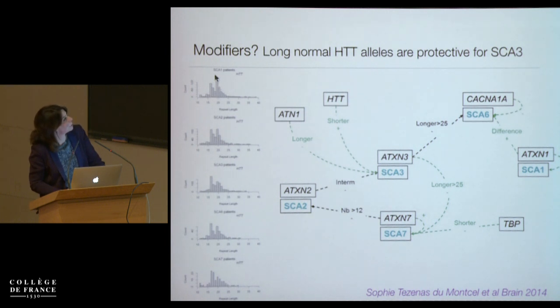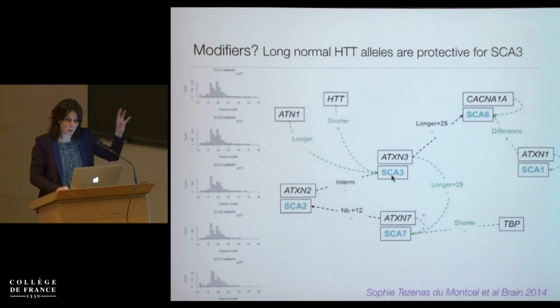If you look at patients with SCA1, SCA2, SCA3, and other polyglutamine diseases, the distribution is quite the same. But it was shown that the shorter allele of HTT influences the age at onset in SCA3. I don't know what to do with it, but that's what came out of this. So perhaps the normal allele doesn't have an influence in trans on HTT itself, but it has an influence on other polyglutamine diseases.